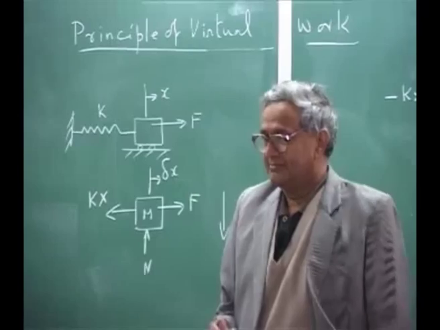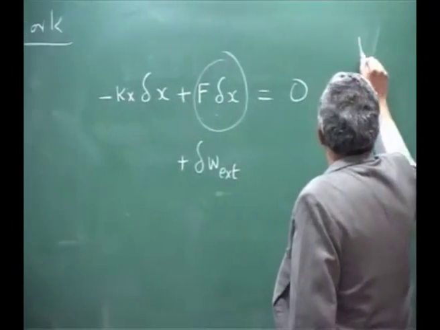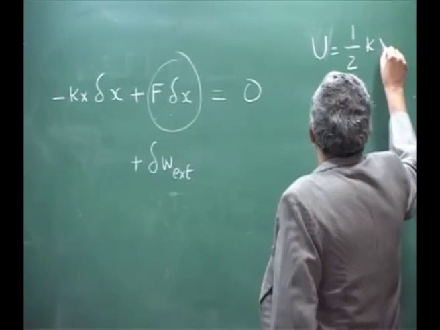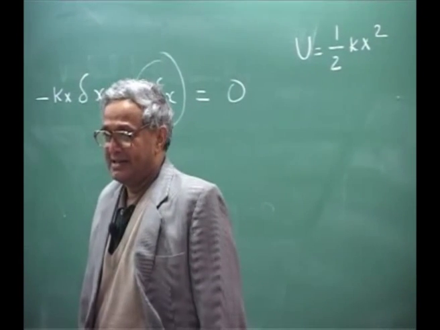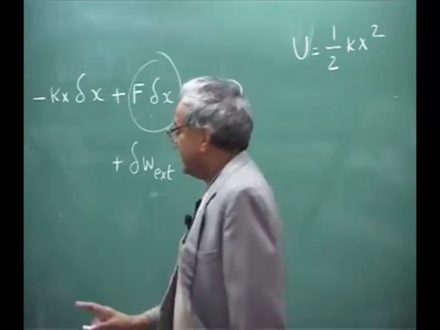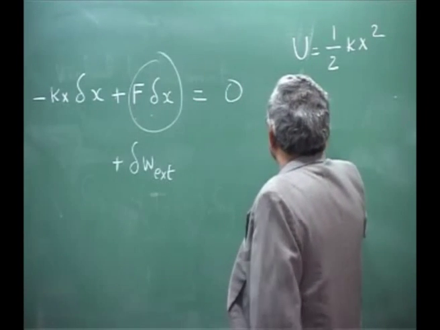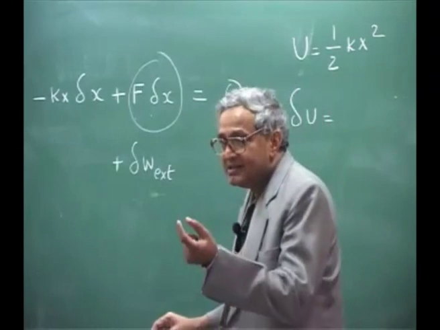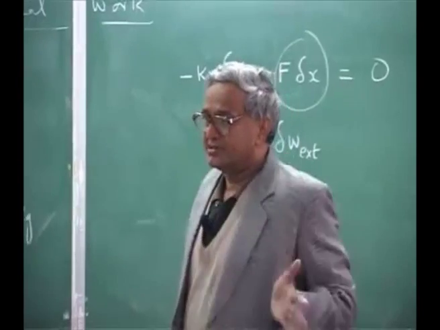Now the spring force, you know that the energy of a spring is K x square, right? If I have a variation in the energy, which I will write as delta U, that is variation in the sense of the variation in strain energy due to a virtual displacement.